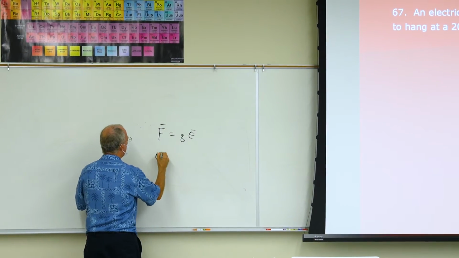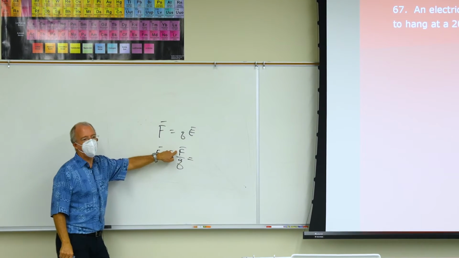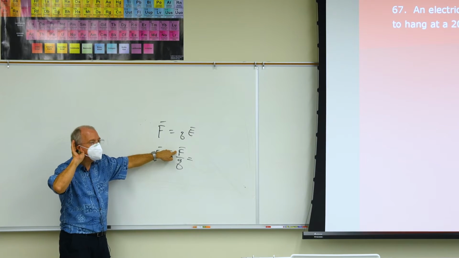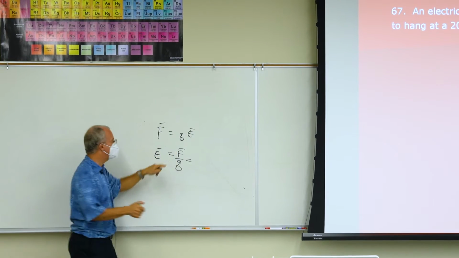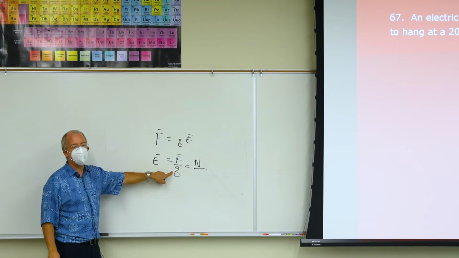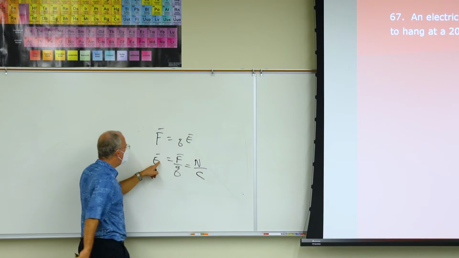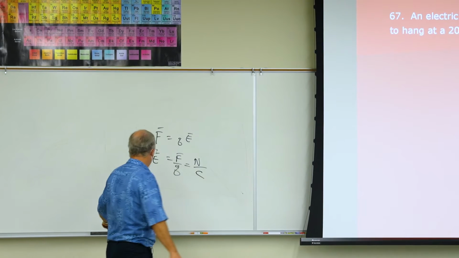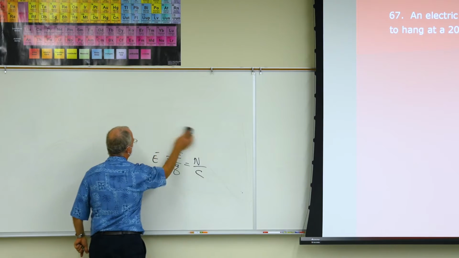So E is F over Q. So what are the units for force from 121? Newtons. What's the units for charge from 220? Coulombs. So E field is newtons per Coulomb. But later on, we're going to have other units for E field. So whatever's convenient.